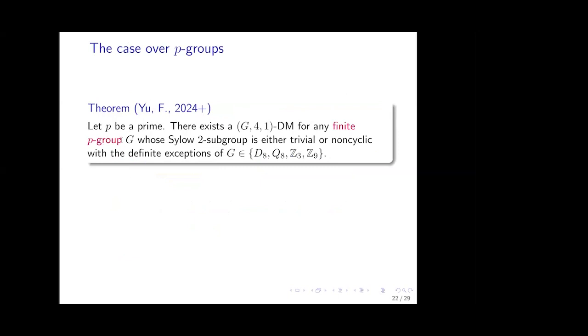Specifically, when p is greater than or equal to 3, we can show that a difference matrix with 4 rows over any such finite p-group always exists, except for the cyclic groups Z3 and Z9. And when p equals 2 for the finite p-group, the necessary condition is also sufficient. The necessary condition is that the Sylow 2-subgroup is either trivial or non-cyclic.